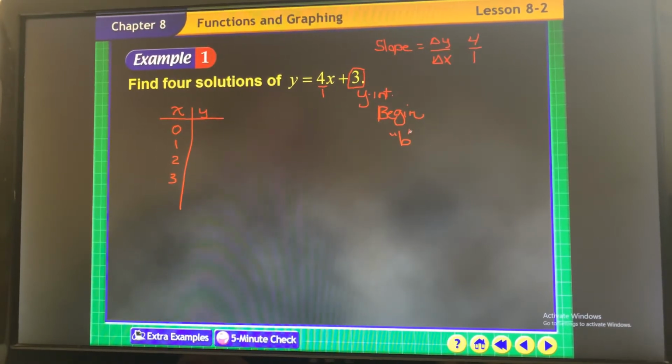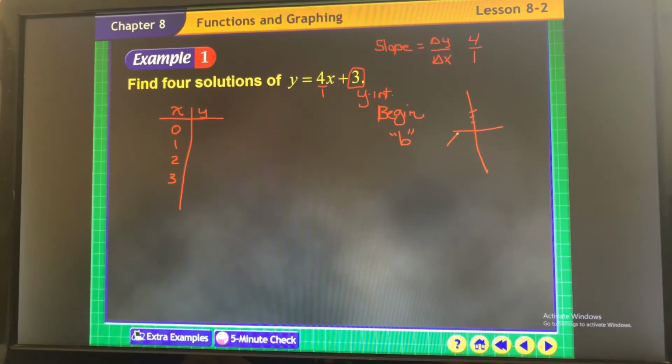And we'll get to that formula and why it's called a b. But if it's my y-intercept, that means when I have a line, 1, 2, 3, that line is going to cross through at 3, right there. When x is 0, y will be 3. So that 3 will go right here.